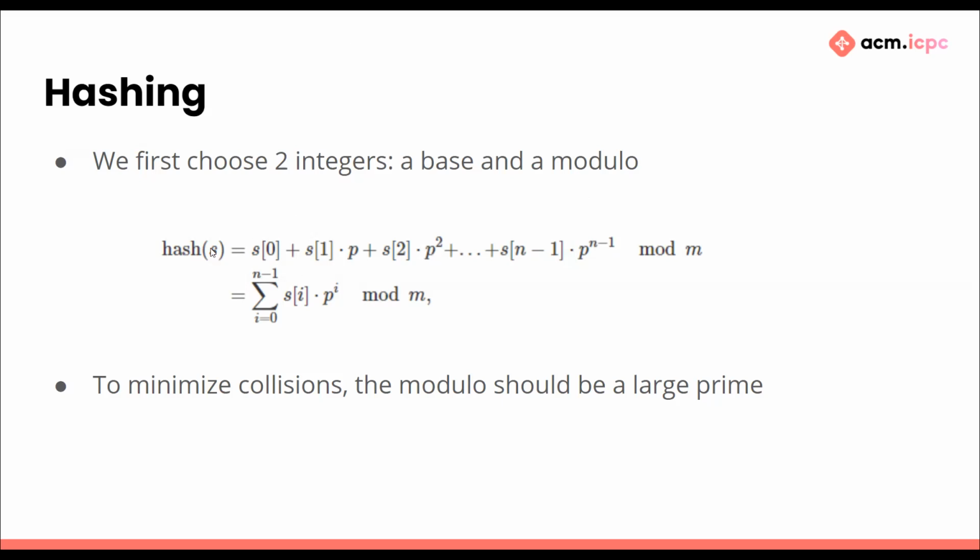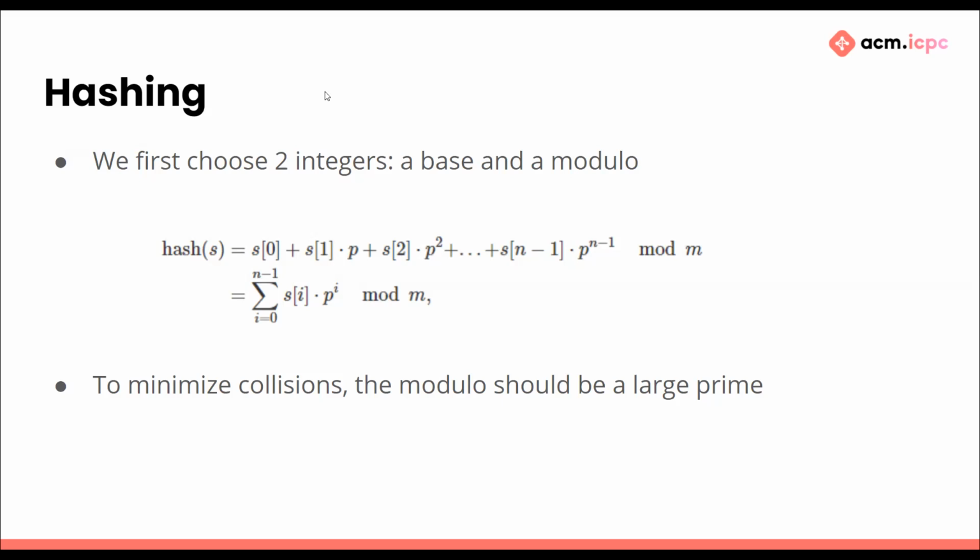And S0 here, since that's actually a character, we're going to use the ASCII value for it. So if you're not familiar with ASCII values, every single character has a unique value in the ASCII table. So we'll be using that value to calculate our hash in this case. And then since we're taking modulo m, there's going to be collisions because there's only so many distinct integer values, and that is 0 to m minus 1.